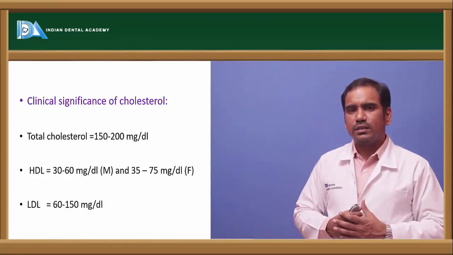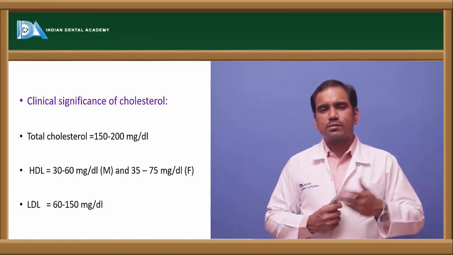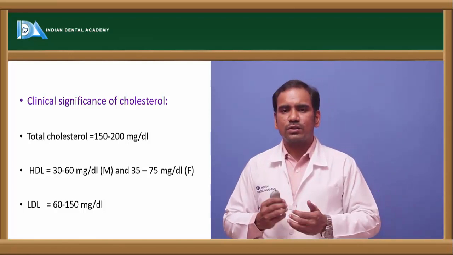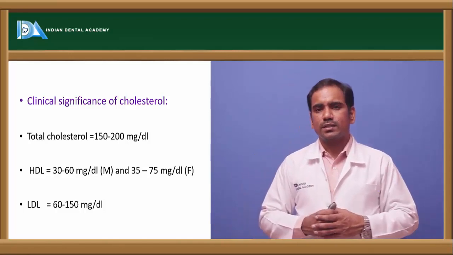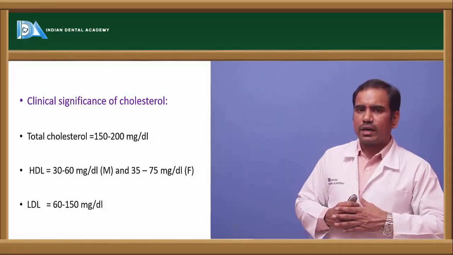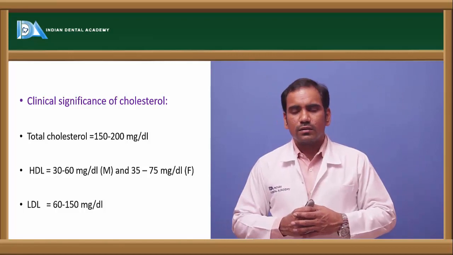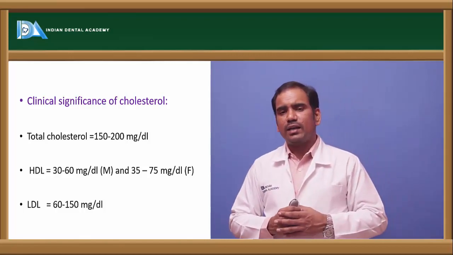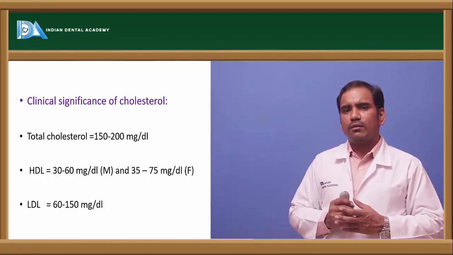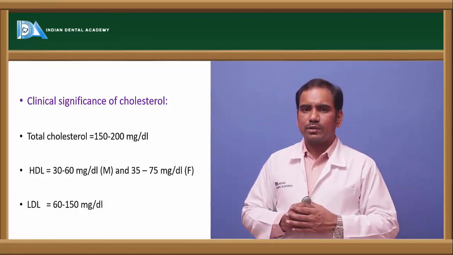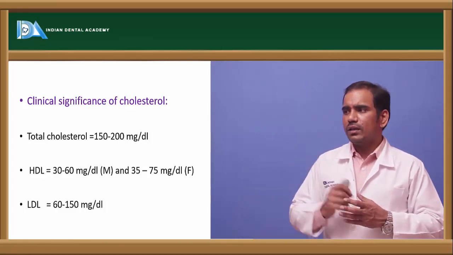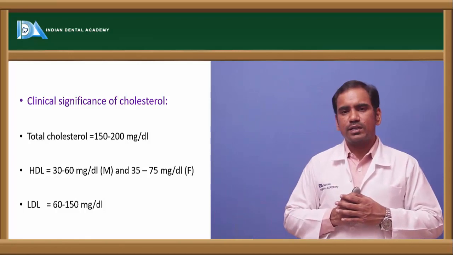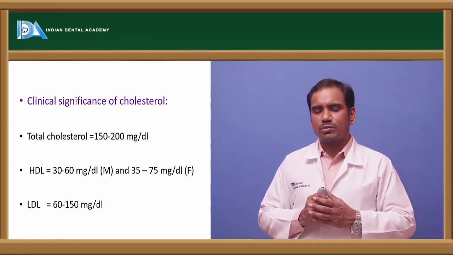LDL is called bad cholesterol because it is an atherogenic agent. It is responsible for atherosclerosis. Whenever the concentration of LDL is more, the risk of atherosclerosis increases. The LDL concentration is 60 to 150 milligrams per deciliter, and the ideal concentration should be less than 150 milligrams per deciliter, and for the HDL level it should be above 30 milligrams per deciliter.